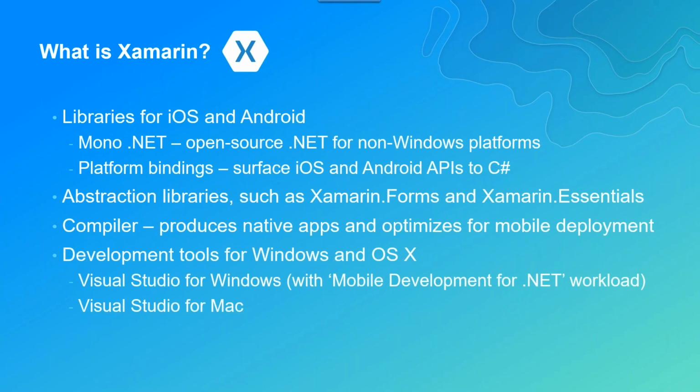The face of Xamarin, of course, is the development tools that you use, Visual Studio, either for Windows or for Mac. So you can choose to use either one. I think there's several things that might go into that choice. Of course, it might be made for you depending on what you're trying to target. If you're targeting Universal Windows, UWP, for example, you're going to need to run on Windows.